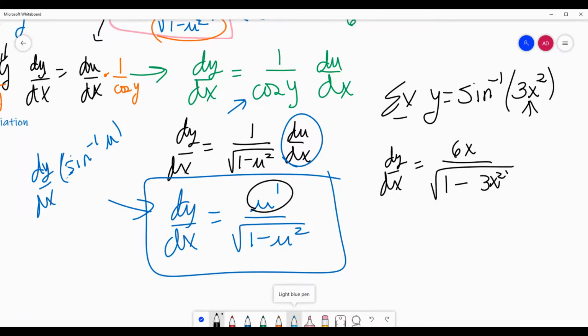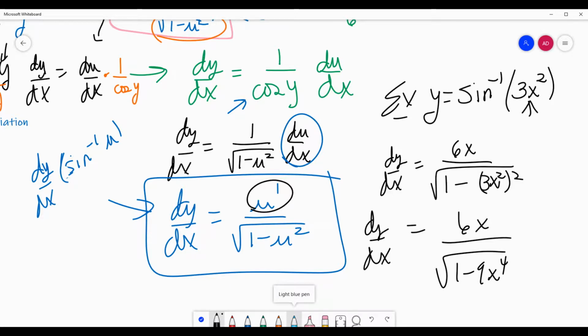Remember, 3x squared is my u, so u prime is 6x. And u squared is 9x to the fourth, so the denominator is the square root of 1 minus 9x to the fourth. And that's what dy/dx equals.